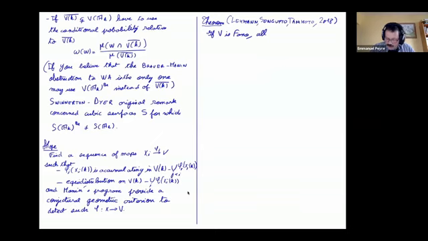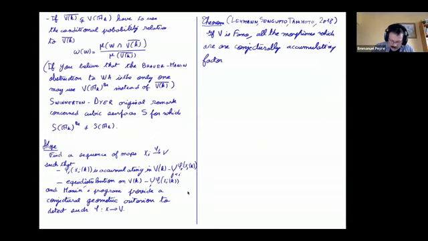Well, all the morphisms which, according to Manin's program, are conjecturally accumulating, factor through a finite number of them.